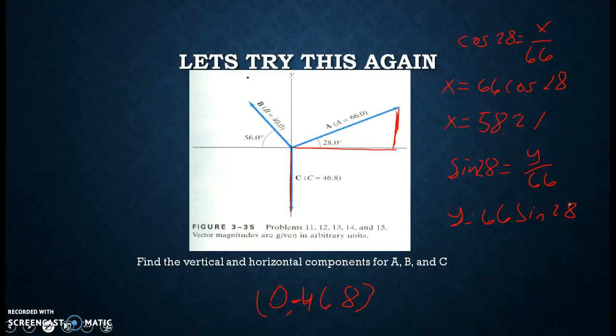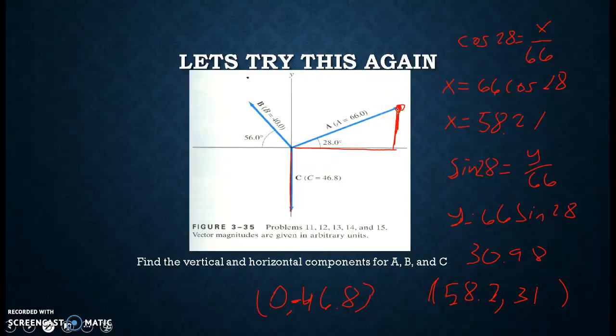And if I take 66 times the sine of 28 degrees, I will have 30.98. So the coordinates are the x value, 58.27, and the y coordinate, which I'm going to round to 31. And that's where this point is at.